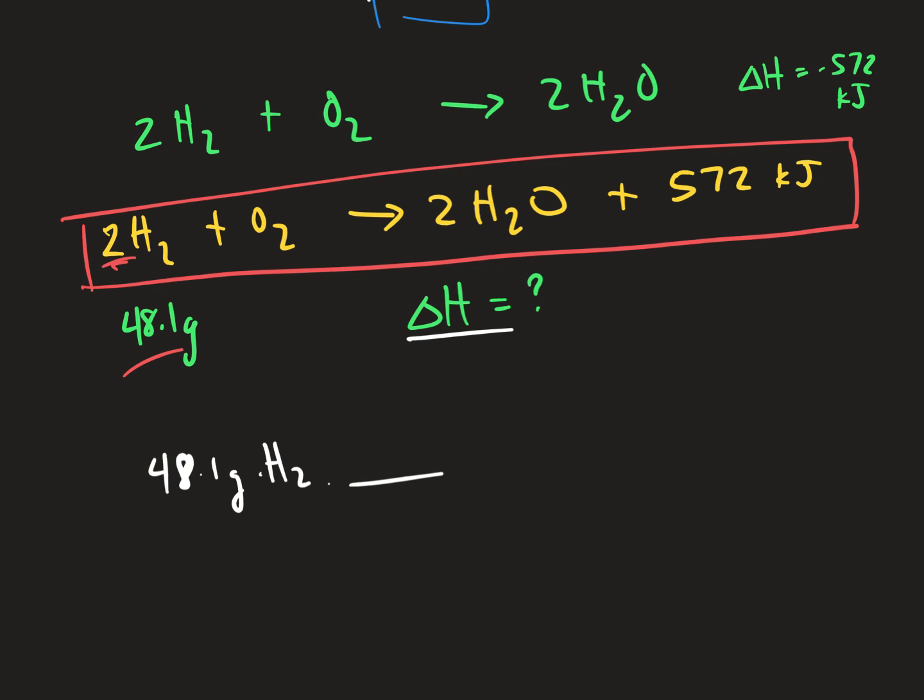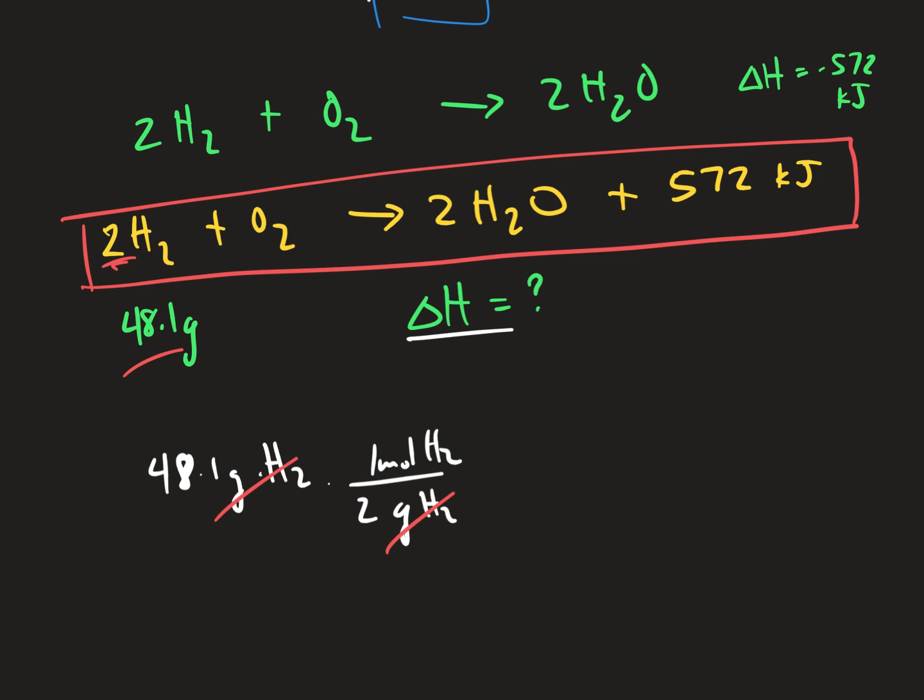So the molar mass of hydrogen is 2. Yeah, about 2 because there's 2 of them, right? So 2 grams of H2 to 1 mole of H2. Grams go away. We're left with moles, but we don't want moles.